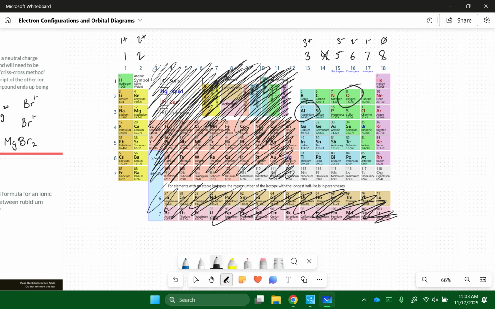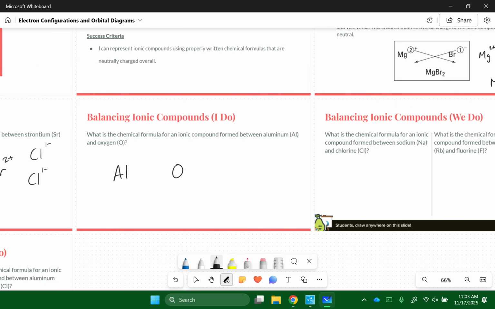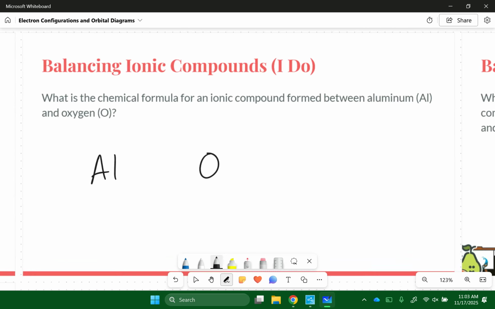Aluminum is going to have a +3 charge, oxygen a -2 charge. 3+, 2-. Okay? So they're not matching, so I need the crisscross method. So the number from the charge of the cation becomes the subscript for the anion, and vice versa. So I end up with Al2 and O3.